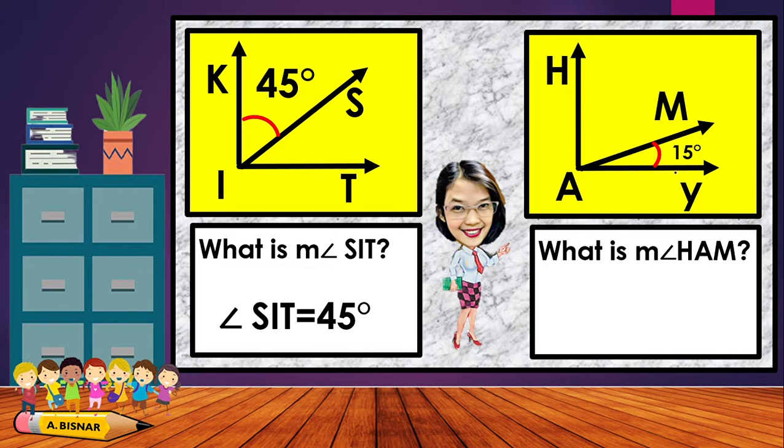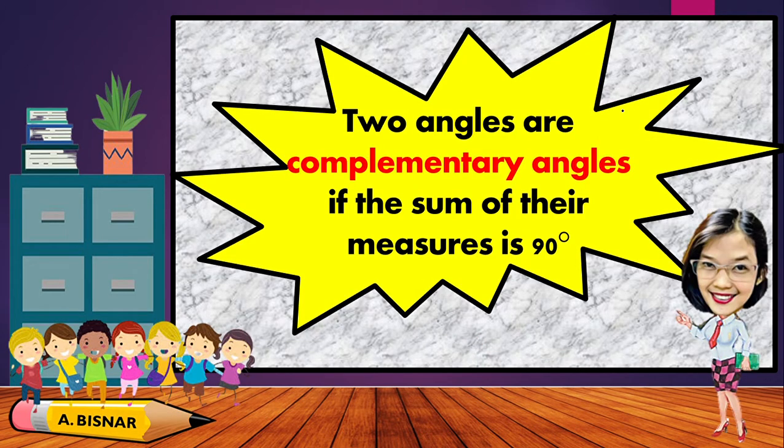That's correct. The answer will be 75 degrees because you will subtract 15 degrees from 90 degrees. Well, that is what complementary angles are all about. So we define two angles as complementary angles if the sum of their measures is 90 degrees.